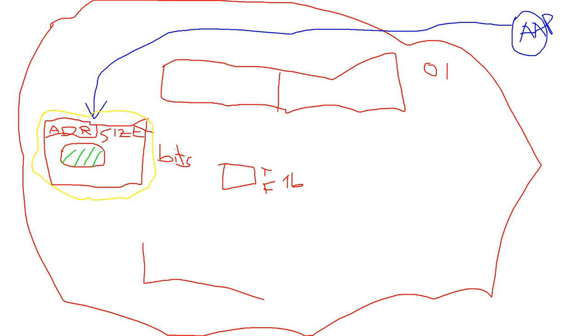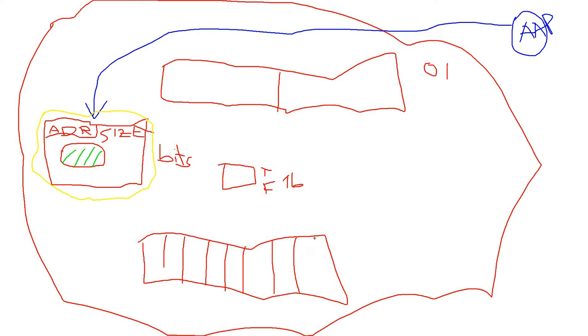Same thing as arrays, which we will see. Arrays, you do have to specify its size in the program. How many elements is the array going to have? Same thing with the string. You have to specify at runtime the size of the string, how many ASCII characters you're going to have in your string.